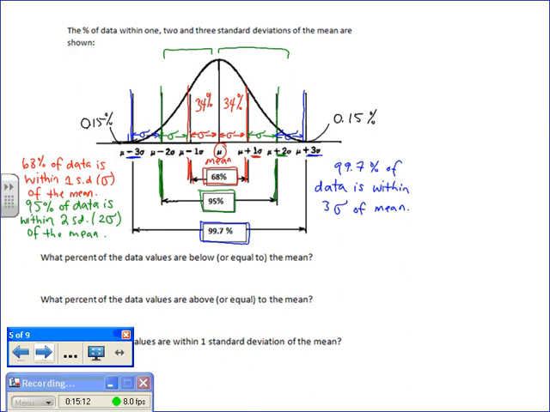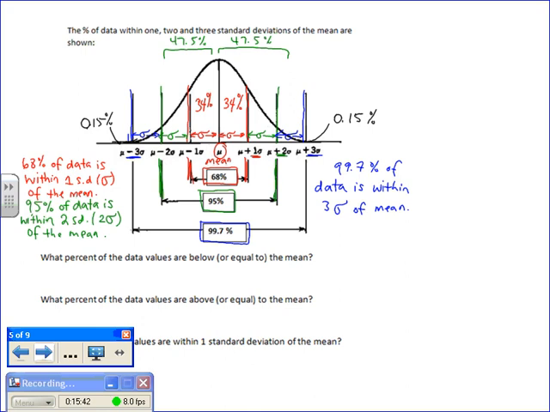Half of 90 is 45, and half of 5% is 2.5. So I would get 47.5% of the data is here, and 47.5% of the data is 2 standard deviations below the mean. And if I subtract 34 from 47.5, what I get here is 13.5.